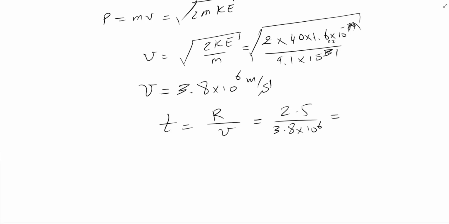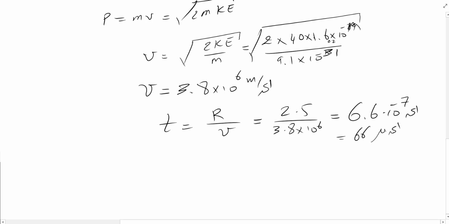So again, 2.5 divided by 3.8, and I'm going to pick up, it's going to be 6.57, 6.6, 10 to the negative 7 seconds, okay? Or what is that? 66 microseconds, okay?